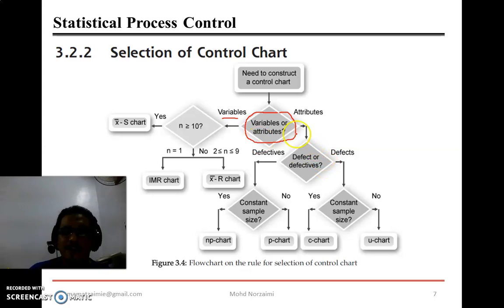If our data is attribute, we have 4 types of control chart: NP chart, P chart, C chart, and U chart.